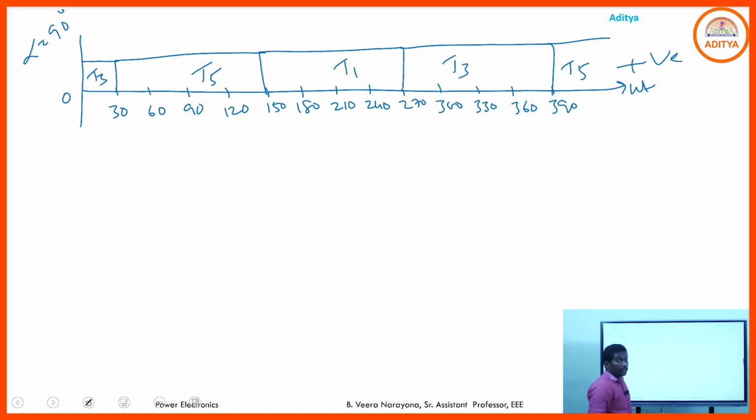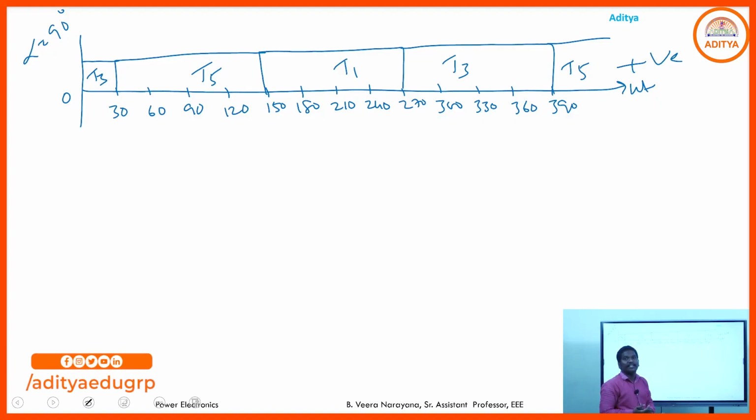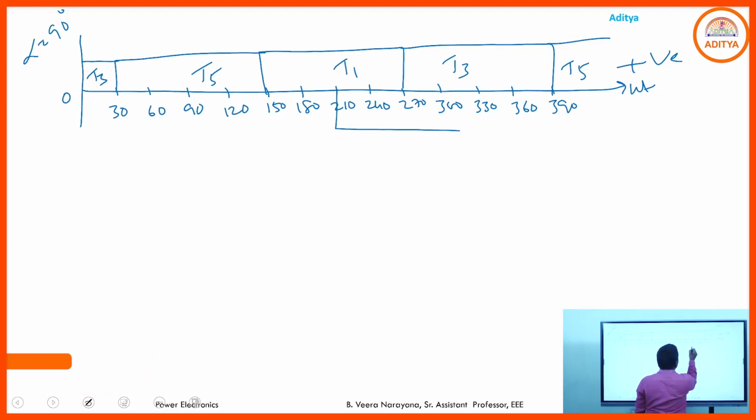If you go through the negative group SCRs' conduction periods, if T1 is on at 150, where does T2 come to the on state? At 210. Why? Because the phase difference between the positive group SCR and the negative group SCR is 60 degrees. So from 210 to 330 T2, 330 to 450 T4.